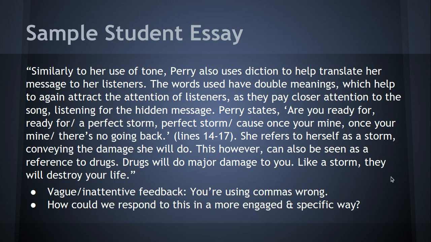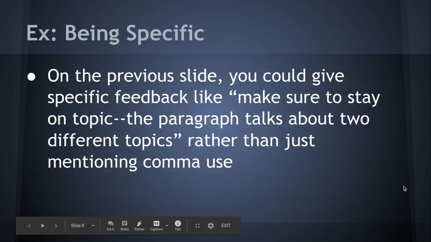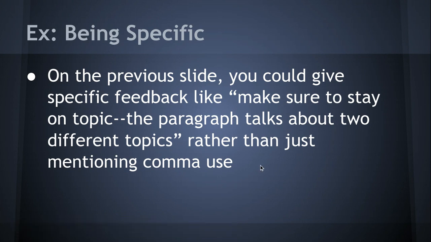So stay on topic in your paragraphs. And that's a lot more specific and shows that I'm really paying attention, right? So try to be specific. So for example, on the previous slide, I might say, make sure to stay on topic. This paragraph talks about 2 different topics rather than just mentioning comma use.